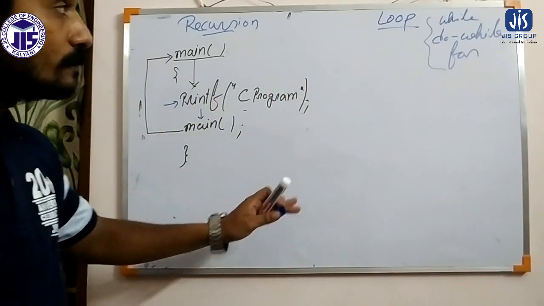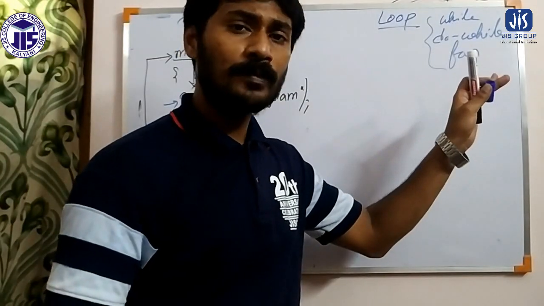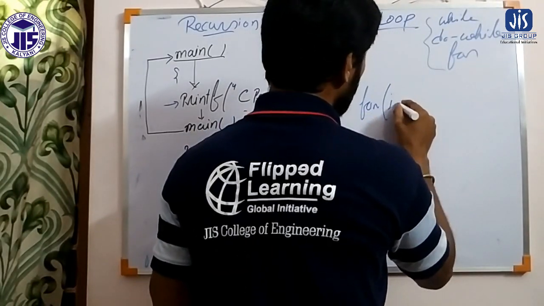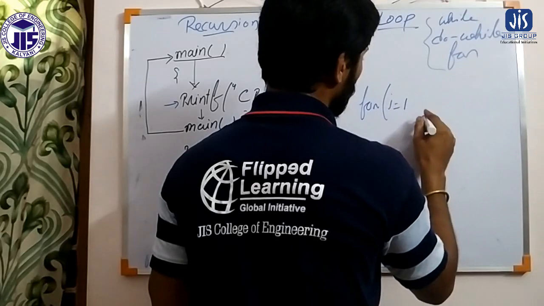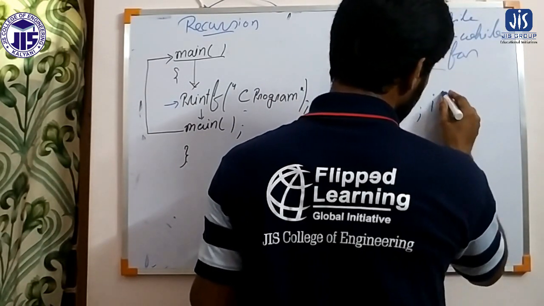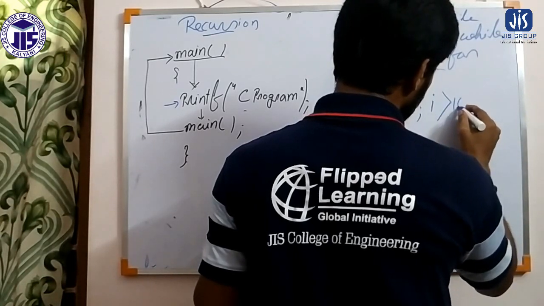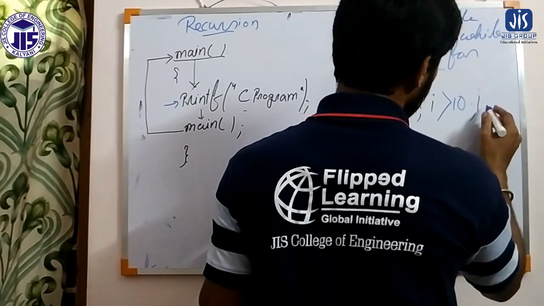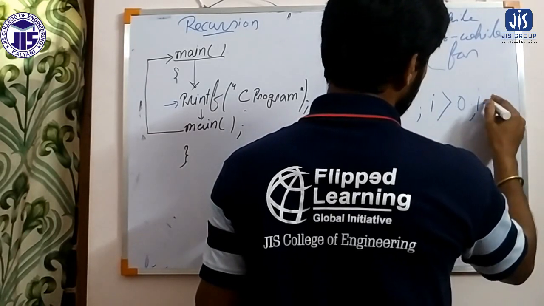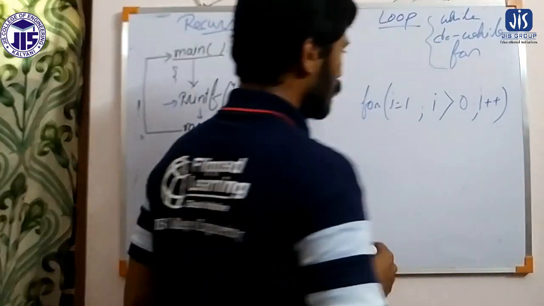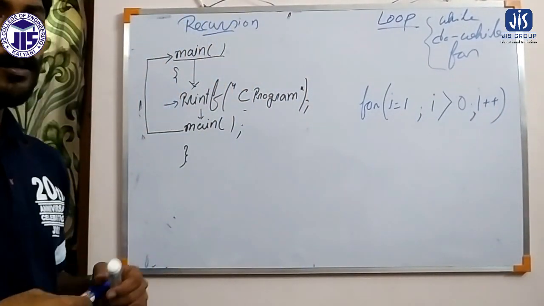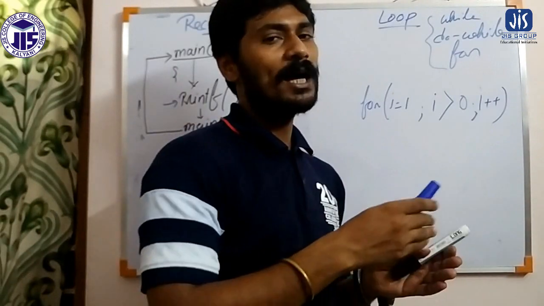In the case of a loop also, it is possible. If I say for i equals 1, i greater than 0, i plus plus, the value of i is 1, then we are performing the increment operation: 1, 2, 3, 4, 5.